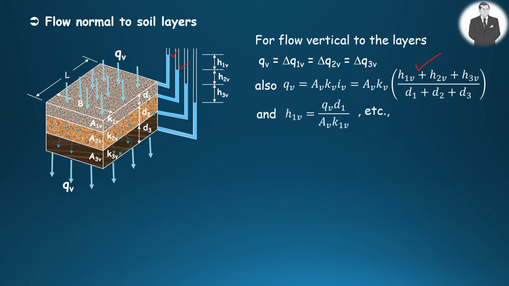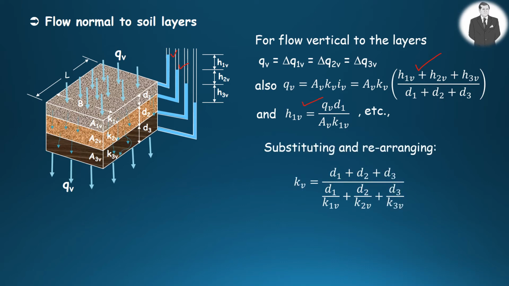If we express head loss in the form given here for each layer, and if we substitute and rearrange in terms of k value, we get the average permeability of soil mass for the case of flow vertical to soil layers.